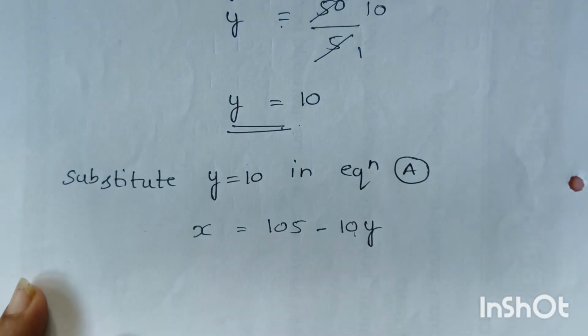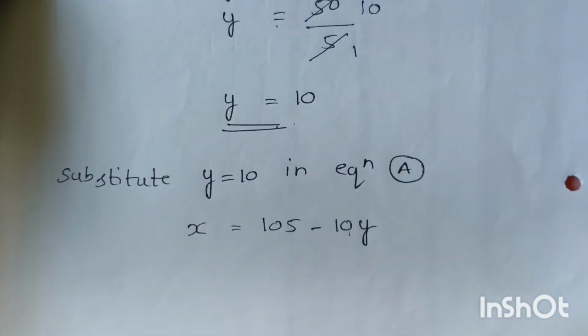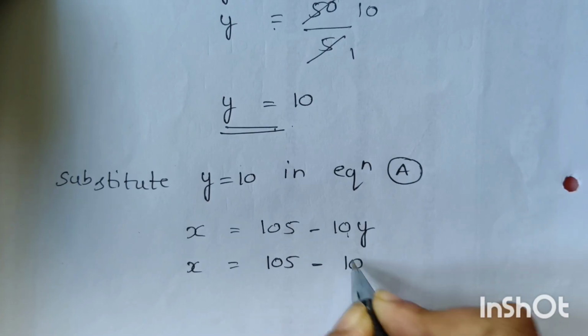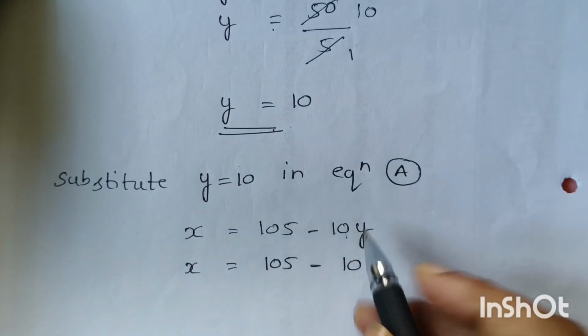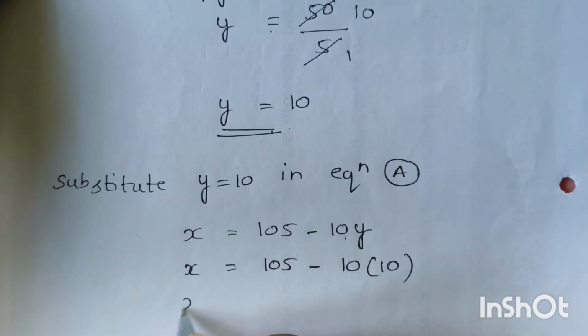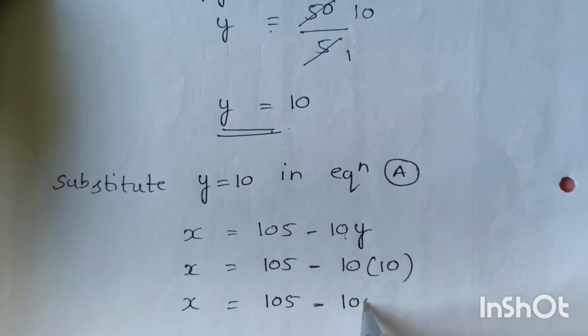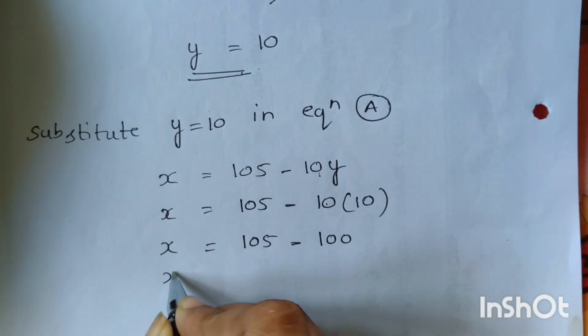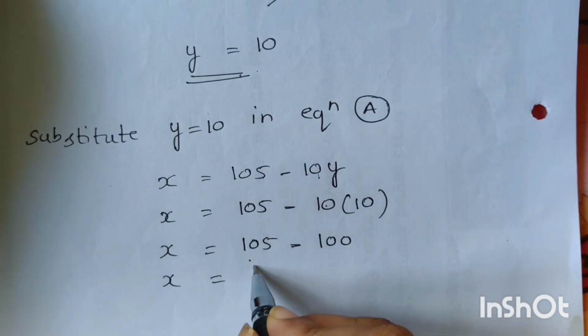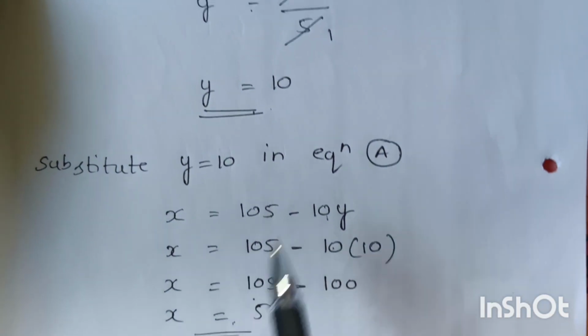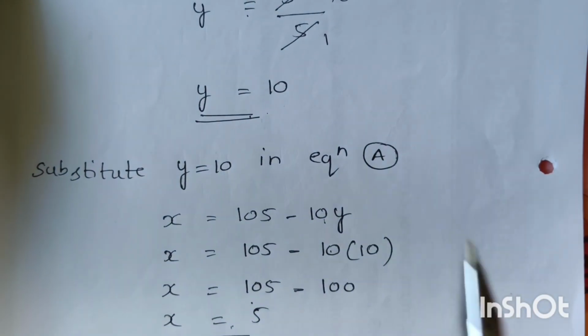That is our equation A. The value of y is 10. x is equal to 105 minus 10 into 10, which is 100. 105 minus 100 is what? 5. Now we got the value of x and the value of y.